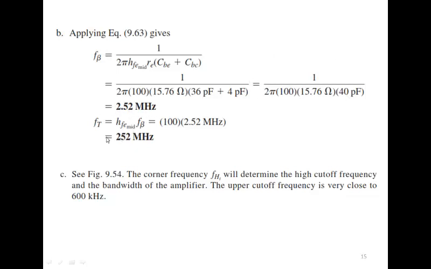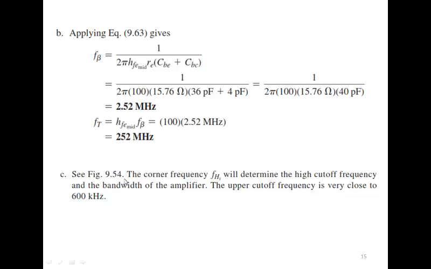You can also compute the unity gain frequency, which is nothing but beta mid times F beta. Beta mid is 100 and F beta is this much, and you will get Ft.